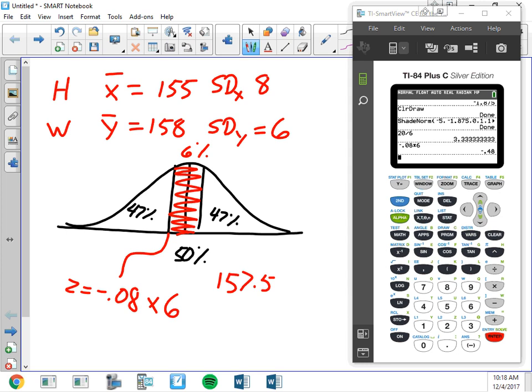Right. So z-score times SD will change it from standard units into centimeters, and then you add the average back in, which in this case you actually do the average minus 0.48, and we get 157.5.